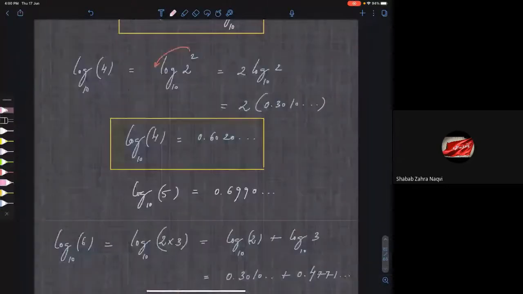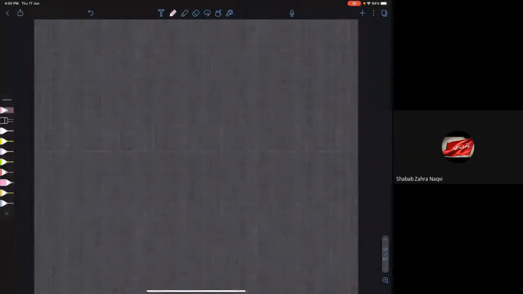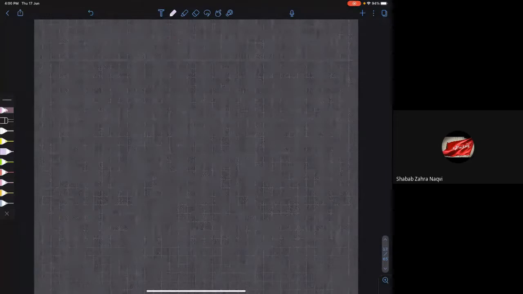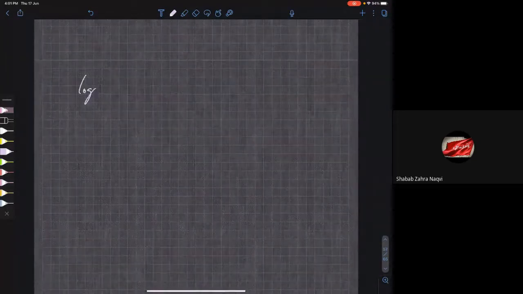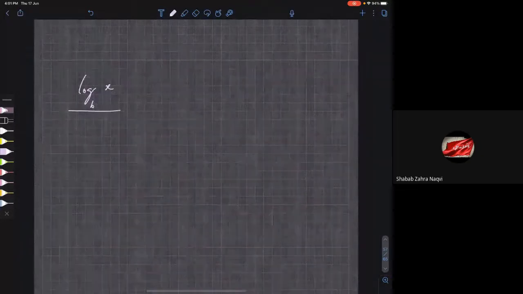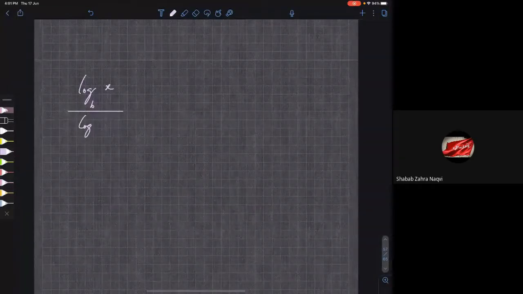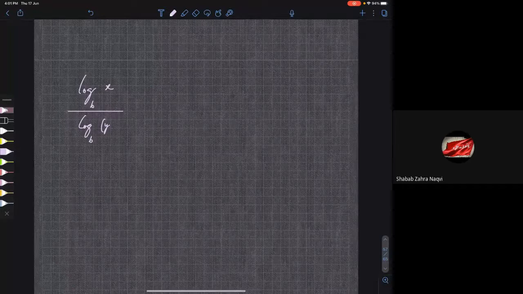So till now we were dealing with log to the base 10. Let me discuss one property that I discussed in the morning, but unfortunately we had to stop. The property is: if you have the same base, log of x divided by log of y becomes equal to log of x to the base y.